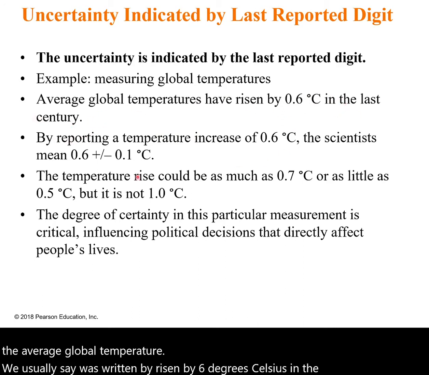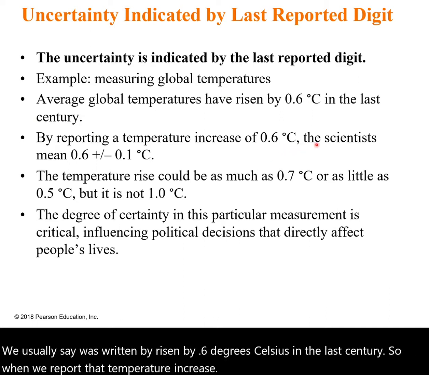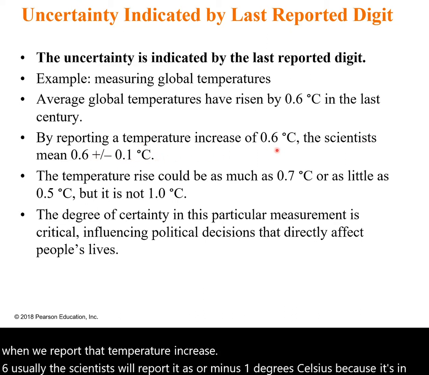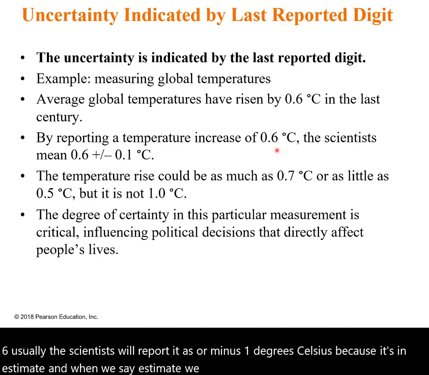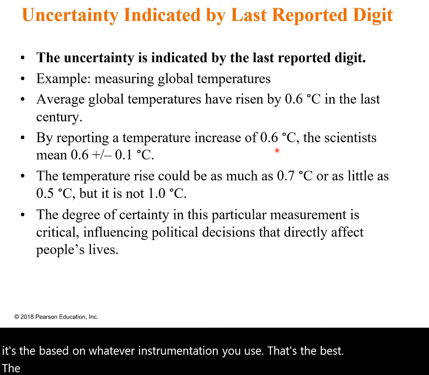So when we report that temperature increase, 0.6, usually the scientists will report it as plus or minus 0.1 degrees Celsius because it's an estimate. And when we say estimate, we really don't mean that it's bogus. It means it's based on whatever instrumentation you use, that's the closest you can get to the value you're looking for.